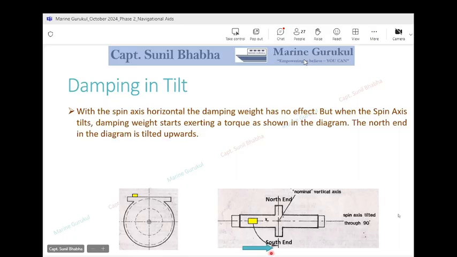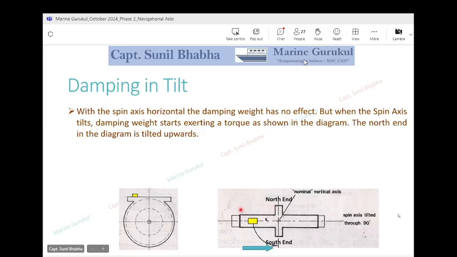Now to understand the effect of this particular force, let me take you to diagram number 1. So we will see how this force acts on the south end of the spin axis and what it results in. The spin axis is tilted up and down only, but just to understand the effect of the force, we will now draw this force in the left hand side diagram, diagram number 1, and we will be very easily able to find out there how this force affects our spin axis.